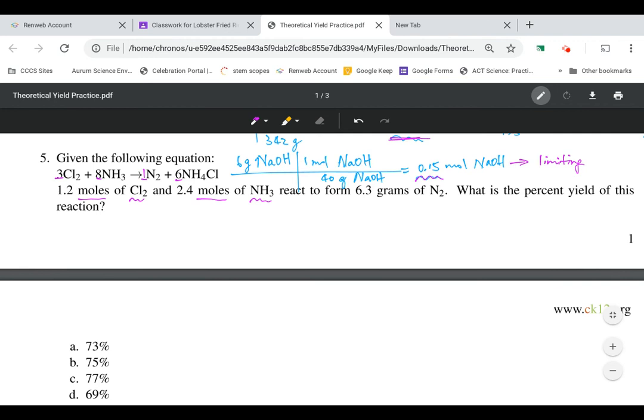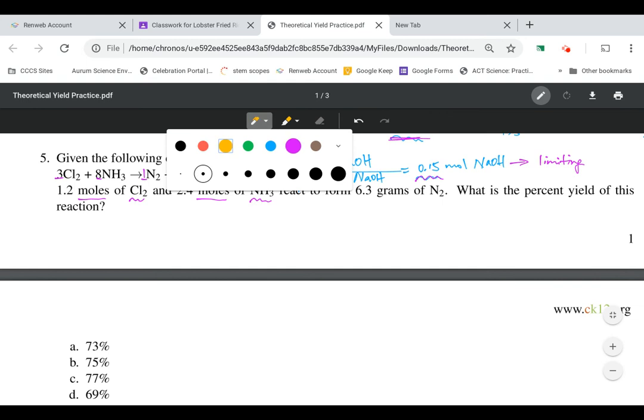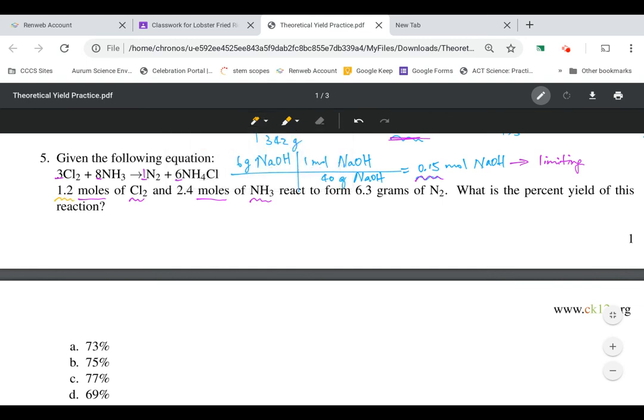So 3 to 8, right? What you have, the ratio is 1.2 of chlorine and 2.4, which is more like 1 to 2. So which one is limiting? Let's see. 3Cl2 over 8NH3.